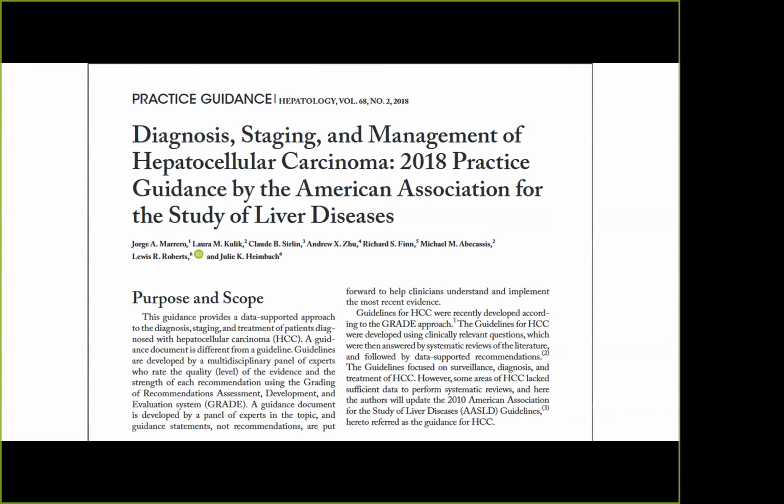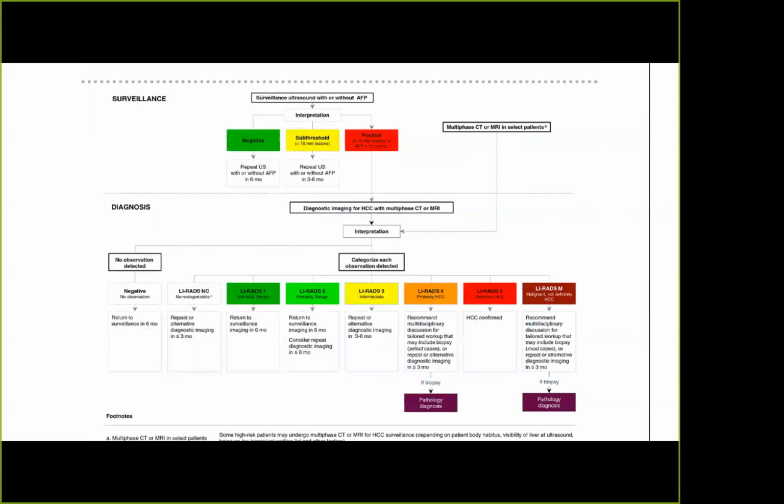Sorry. Okay. Because AASLD is such a huge organization, it's basically the governing body of hepatologists, the opportunity was just too great to pass up, even though we were all aware that releasing such a quick update was not desirable. So the release was out, and in this paper, this is the guidance for United States hepatologists, and you can see that their guidance is based on LI-RADS criteria.